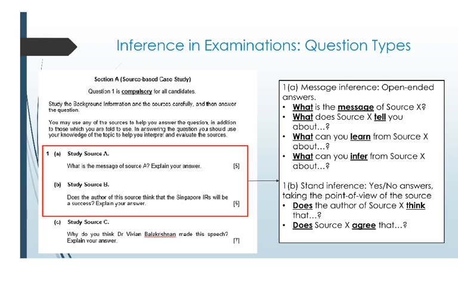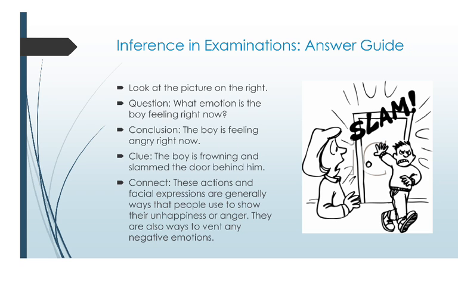So you need to know these keywords very well at the back of your mind, because this is the first of the many SBQ skills, like I said in the front. There are many more to come. So you need to answer correctly. How do you answer? I will need to first give you an example. Just referring to the example that I gave you earlier, the easier one, you will see that I have phrased my answers in 3 portions: the conclusion, the clue, and the connect.